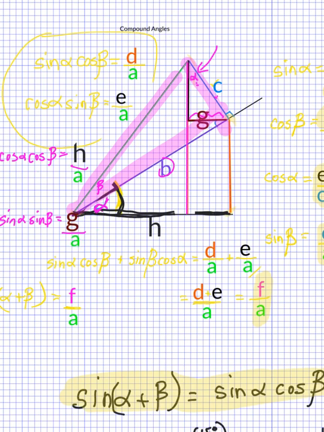Oh, they're both over A, so we're going to combine these two. We're going to combine this and this. I'm actually going to subtract them.